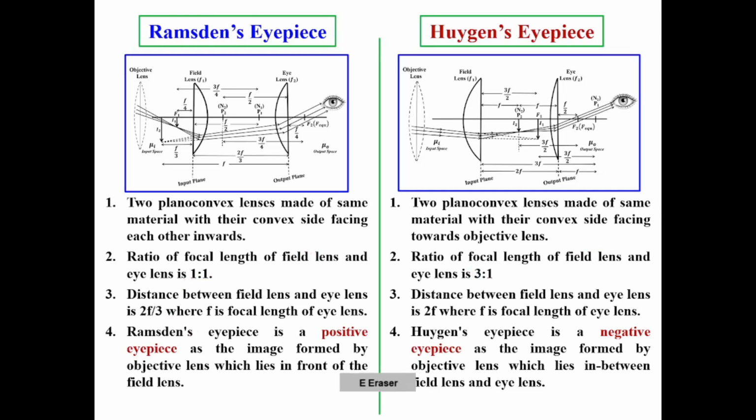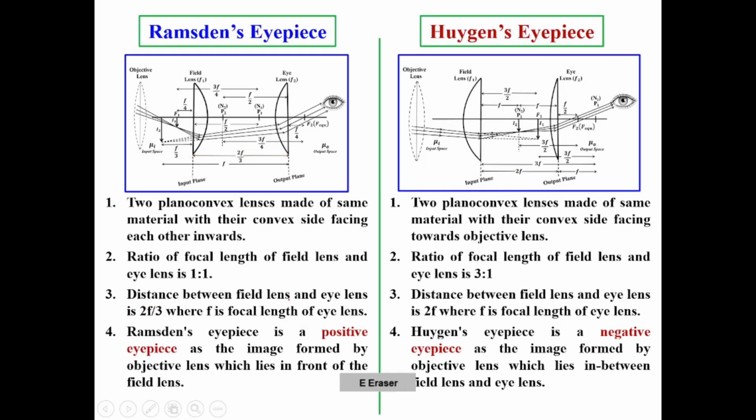The distance between the field lens and eye lens for the Ramsden case is 2f by 3. 2f by 3 is the separation distance between the two lenses. In case of the Huygens eyepiece, the separation is 2f, and here f is the focal length of the eye lens.